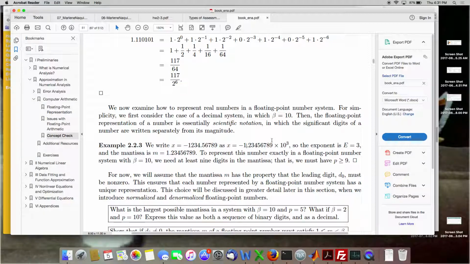Each d_i for a particular i is one digit of a mantissa. So your mantissa is basically a string of digits, and in binary it would just be a string of zeros and ones.